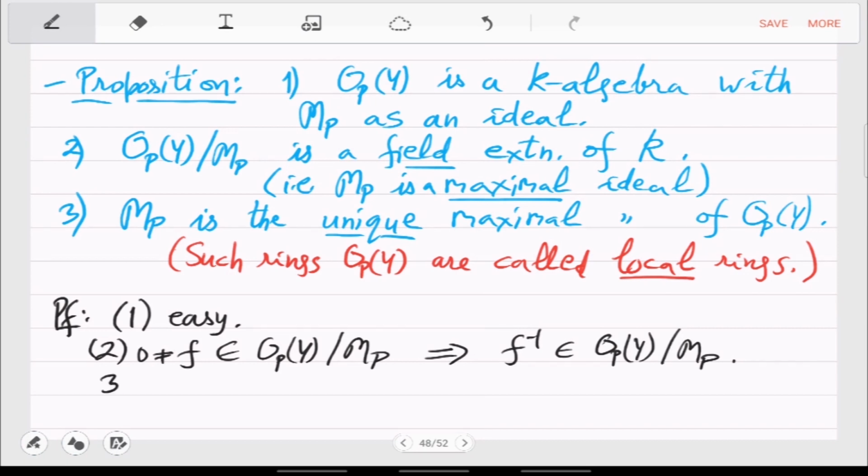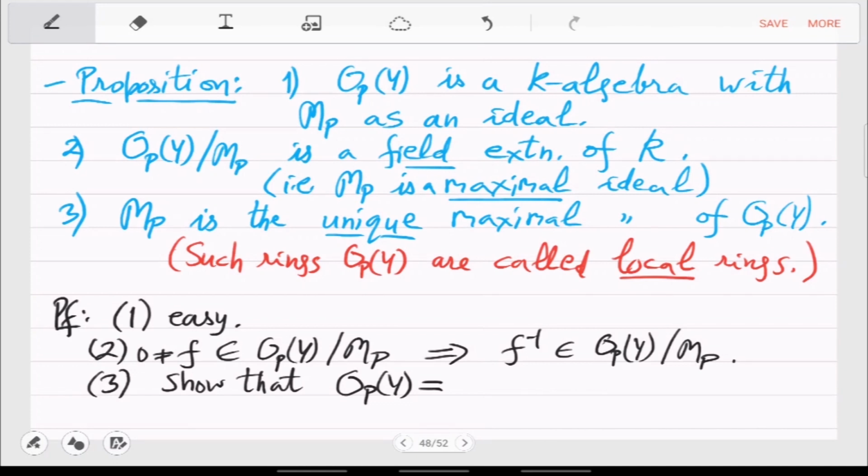Why is it unique? Why can't there be some other maximal ideal also? If you started in a different direction inside O_{P,Y}, maybe you will get to some other M_P prime. Here it is not possible, because what you can show is that O_{P,Y} has only two parts.